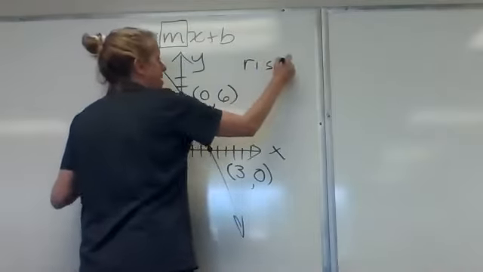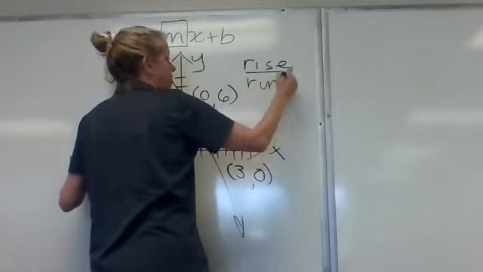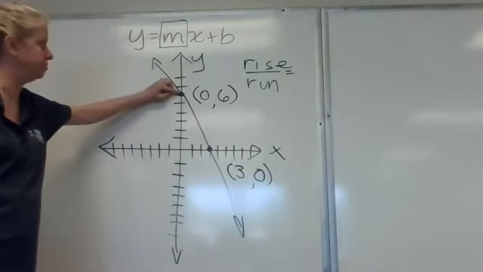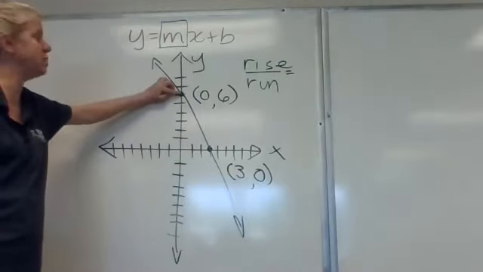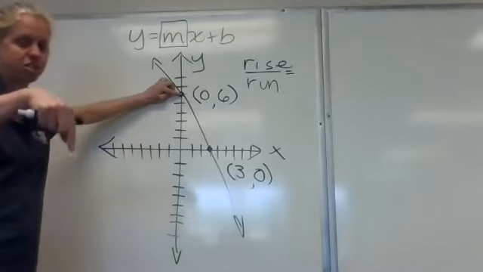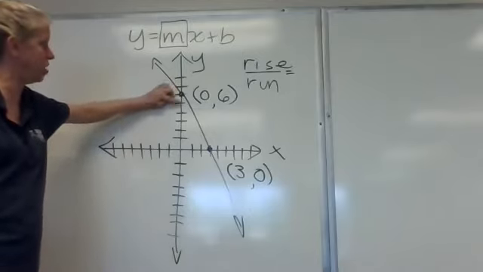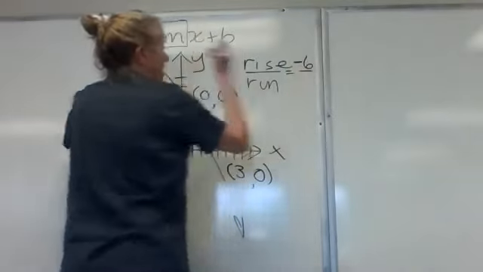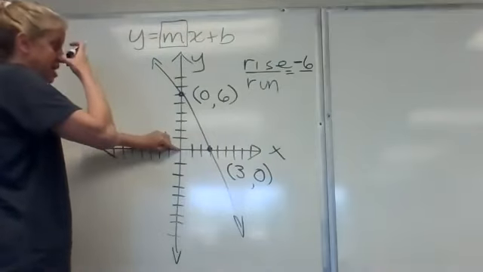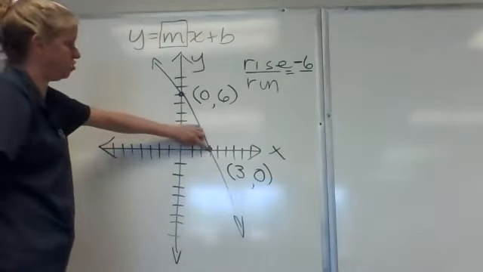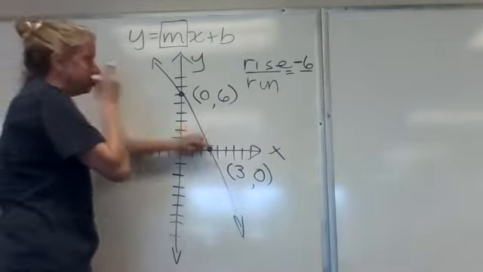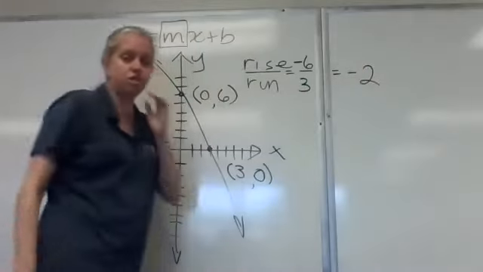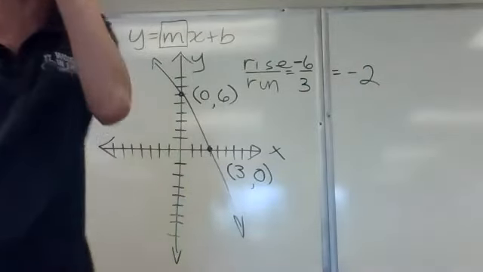So if I use that method, which is rise over run, what did I do to get from one point to the other one? I had to count down, which means my rise was going down, which is a negative move. So I went down 1, 2, 3, 4, 5, 6, which means my rise is -6. And then my run was 1, 2, 3, positive, right? Positive. And then -6 over 3 reduces to -2. So the slope of that line is -2.